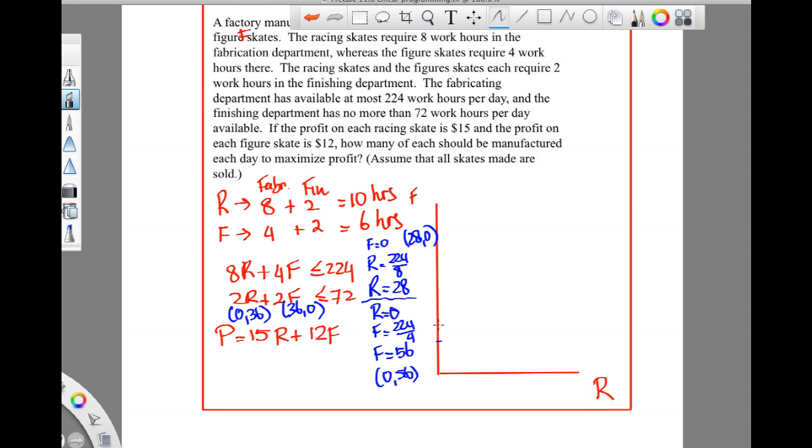So 10, 20, 30, 40, 50, 60. 0, 56, if that's 50, so there's a dot there. And then that connects to 10, 20, 30, 40, that connects to 28, so that would be over here. So that's one line.